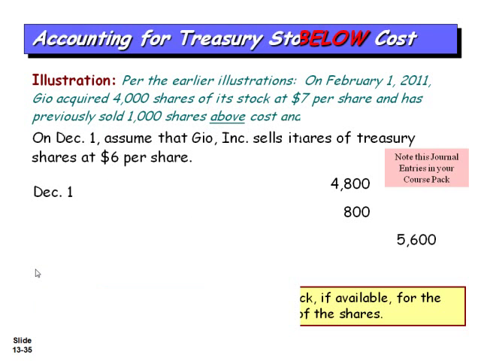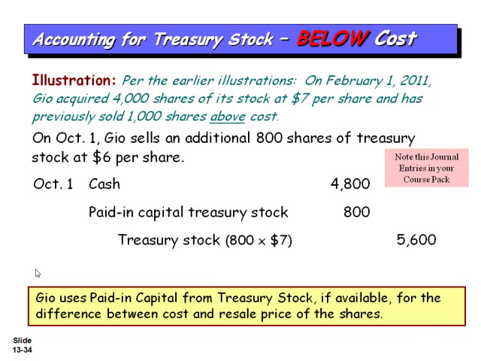Let's get all these entries up. Credit treasury stock at the cost we purchased it at. And we have an $800 debit that we have to make. Now we're going to go into that paid in capital treasury stock that we credited in the last journal entry, and we are going to use as much of that up as we can. And we still have a balance in paid in capital treasury stock.